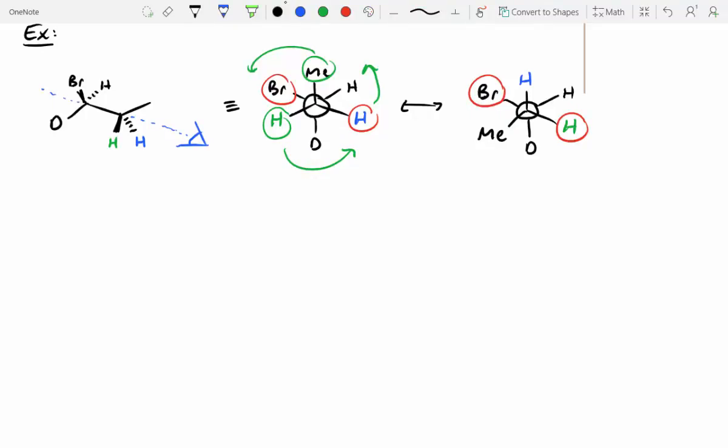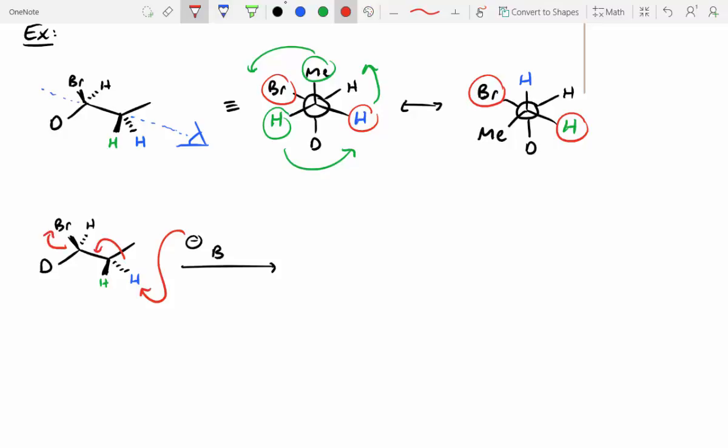So in our first one, we said we could deprotonate that blue proton. So I'll just go ahead and write our generic base. Clamp down and kick off this bromine.